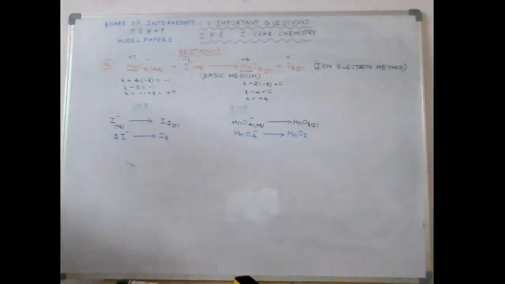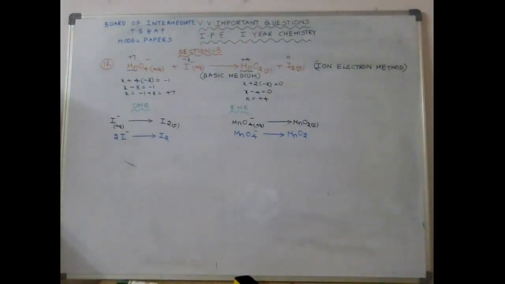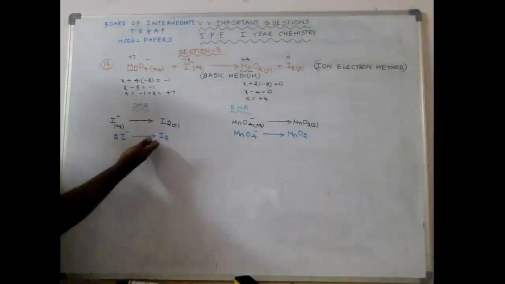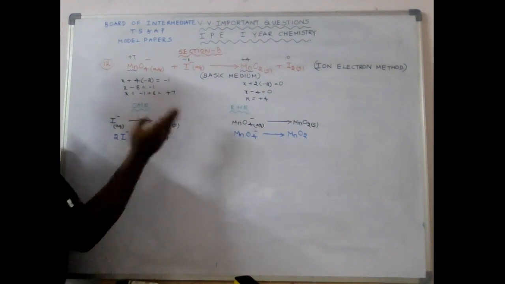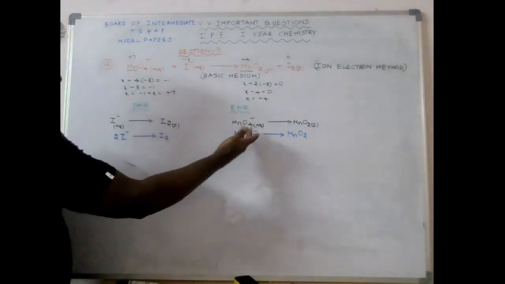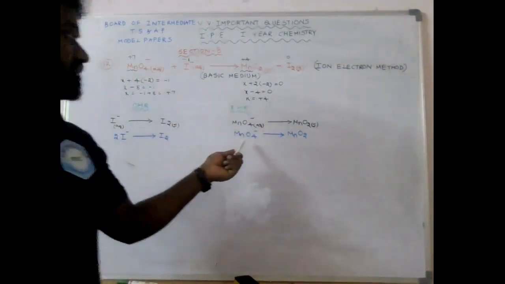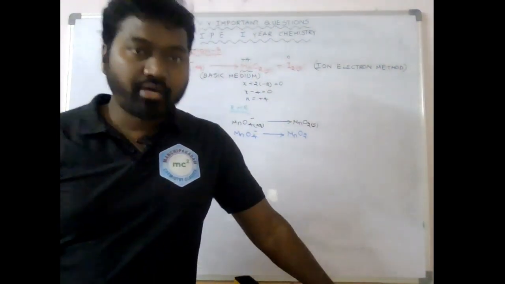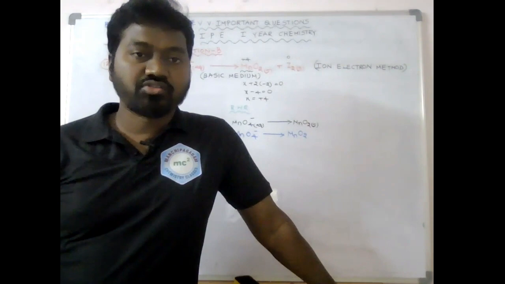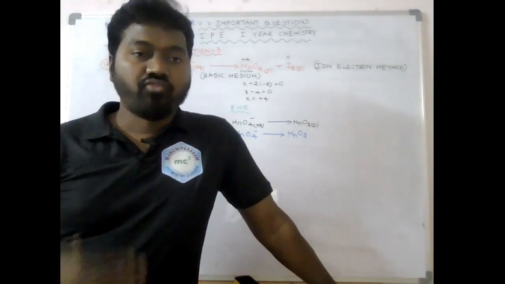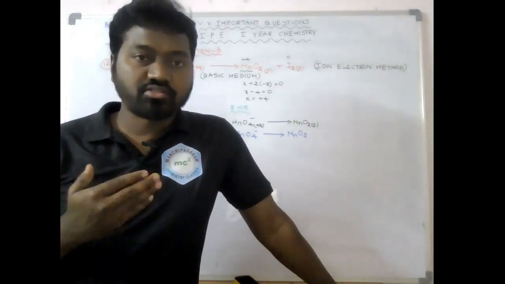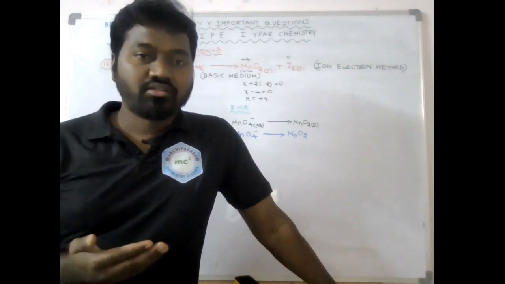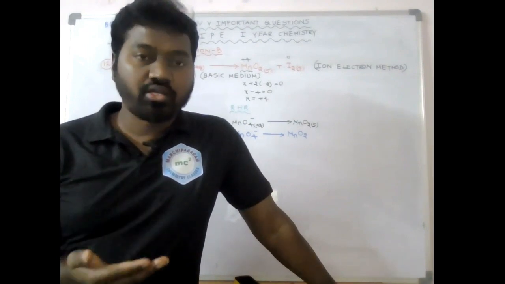Next, try to balance oxygen and hydrogen. Here no oxygen, so no need to balance this. Here oxygens are there. Left side 4 oxygens, right side 2 oxygens. On the right side there is a deficiency of oxygens. Wherever the deficiency of oxygens is there, we add the same number of water molecules.